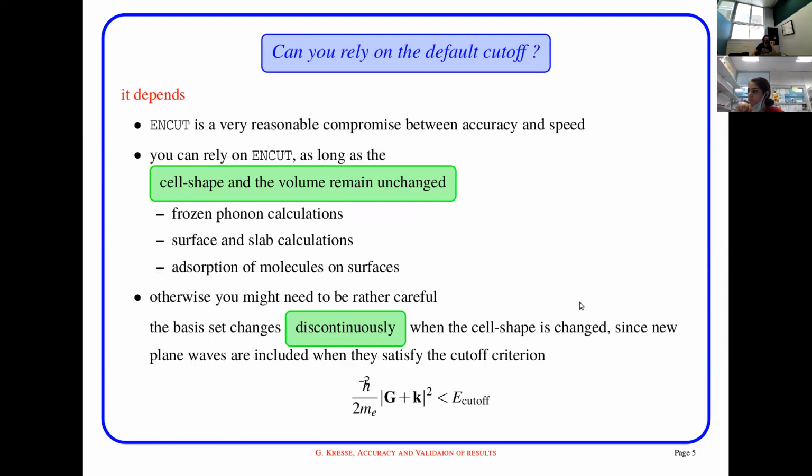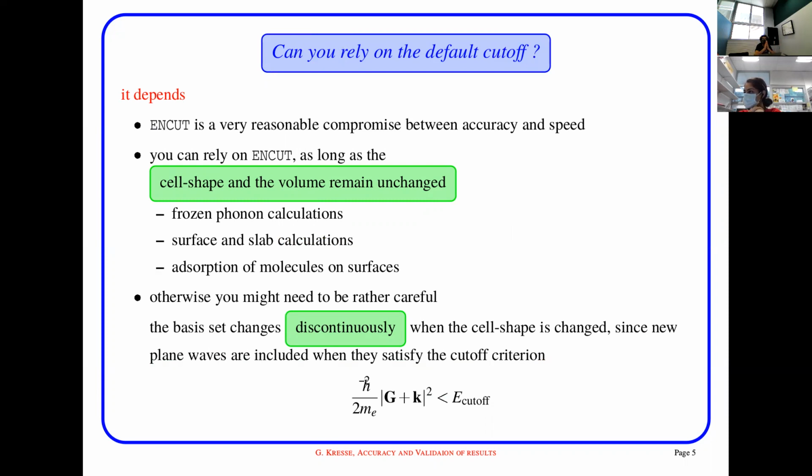Then the question is: I just told you that usually we put 450 as the cutoff energy, so is it always a good value? Not really.